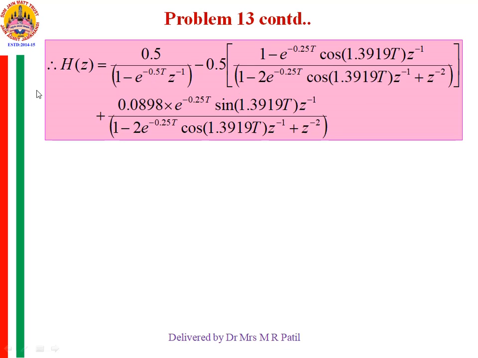From that you can write directly H(z) for each of the pairs. So H(z) will be equal to 0.5 divided by (1 minus e raised to minus 0.5 t z inverse), minus 0.5.